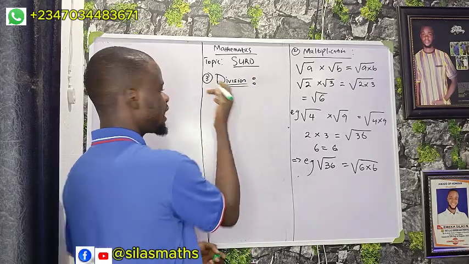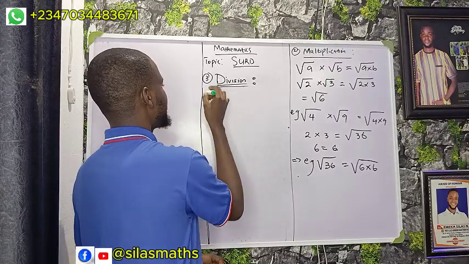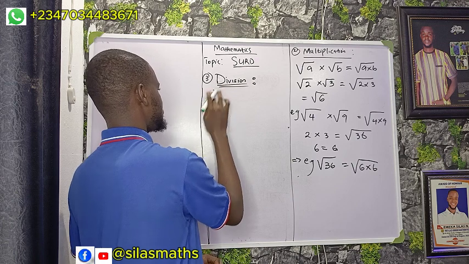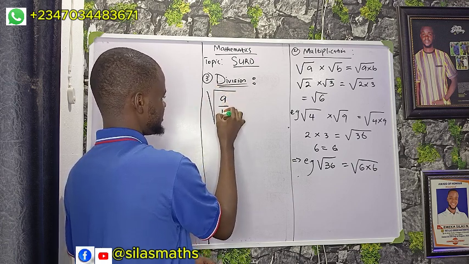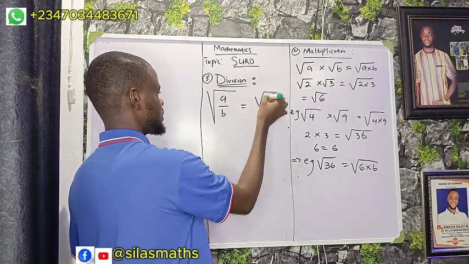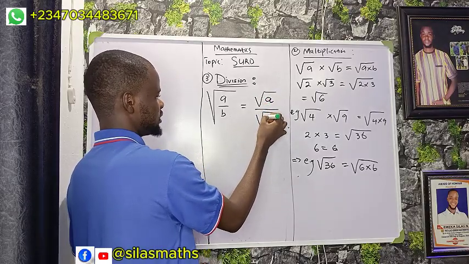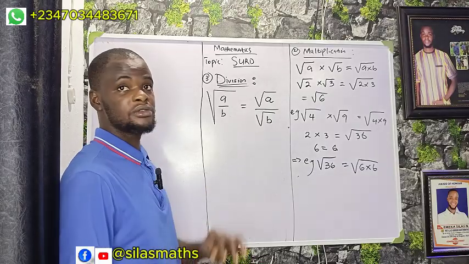The rule states that when I have two surds dividing, for example, square root of A divided by B, I can express this as the square root of the numerator divided by the square root of the denominator. That is a rule that is satisfied.